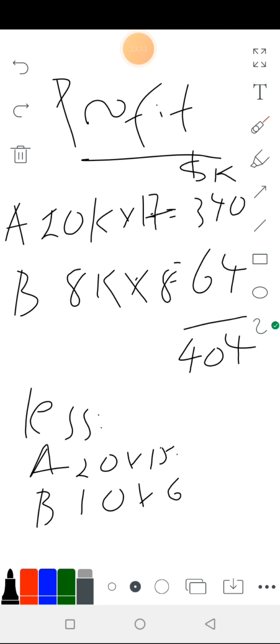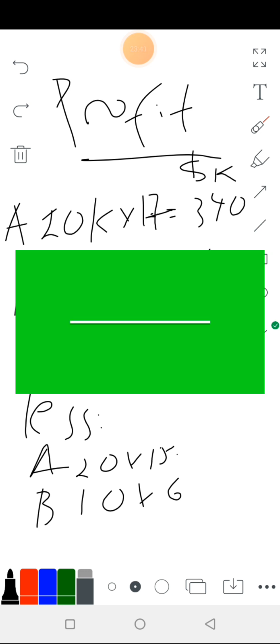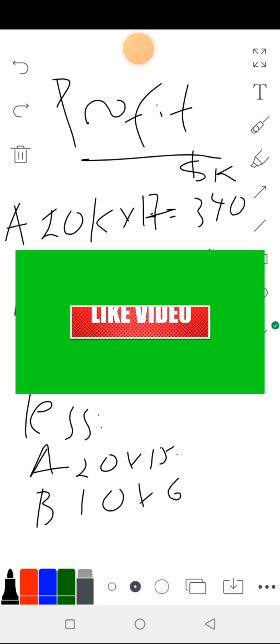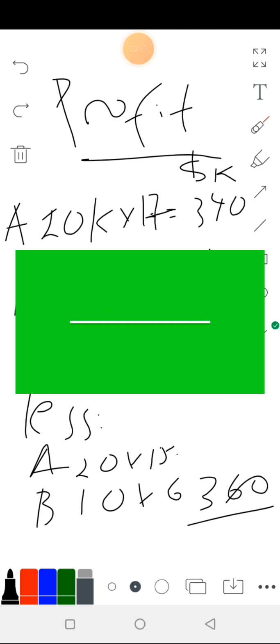So if you add, we say that 20,000 multiplied by 15, that's 300,000, and 10,000 multiplied by 6, that gives us 60,000. So 300,000 plus 60,000, this gives us a total of 360,000. That's the total.